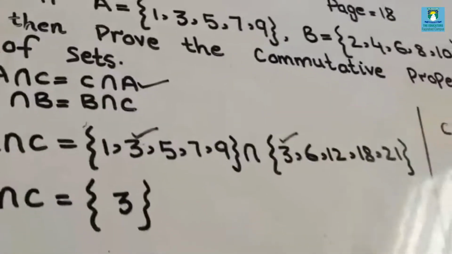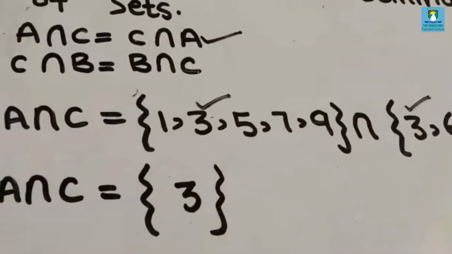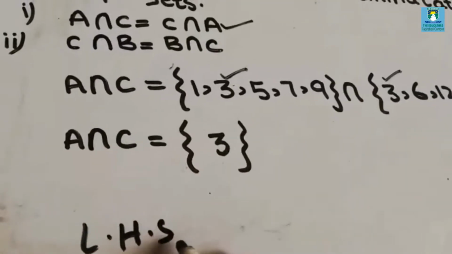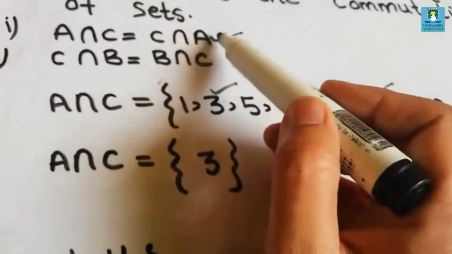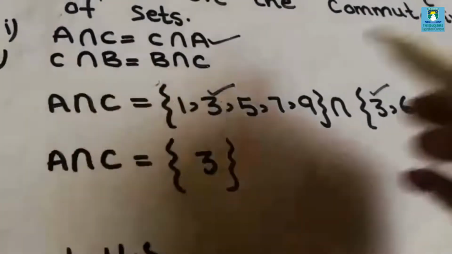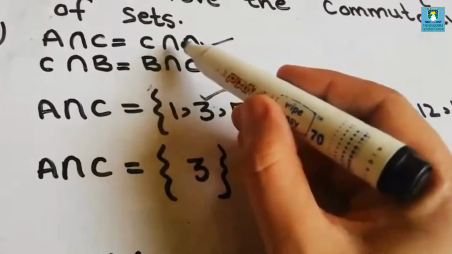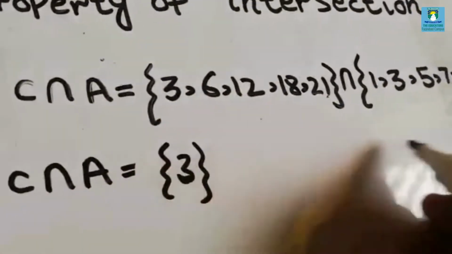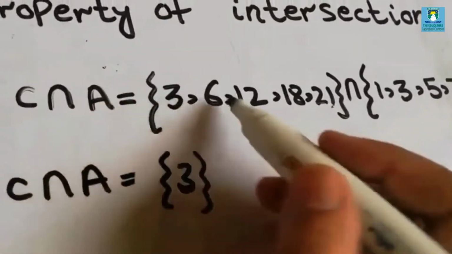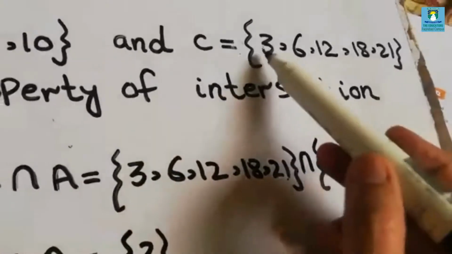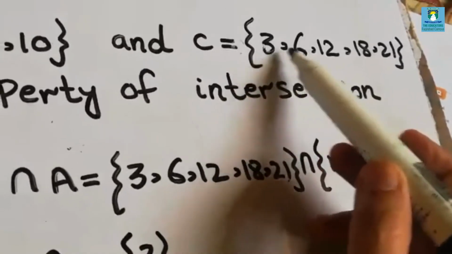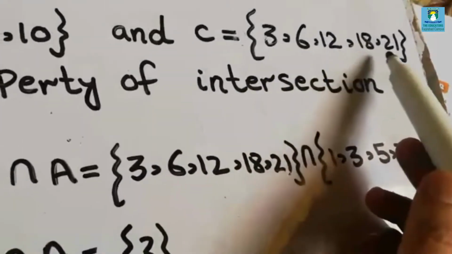Move to next. It was left hand side of this part. Now we will solve right hand side. What is the right hand side? C intersection A. So we will write here C intersection A is equal to first elements of C. What are the elements of C? They are 3, 6, 12, 18 and 21.